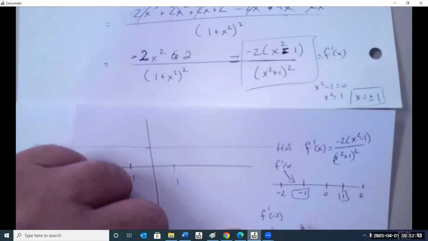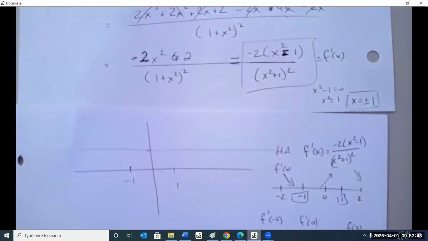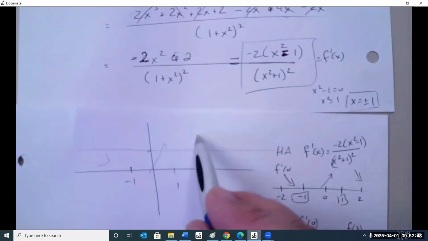At 0, we have -2 times -1 over 1, which makes it 2, so it's increasing. And f of 2 is -2 times 3 over 25, so it should be negative, and it's going to be decreasing. So it's going to be decreasing, increasing, and decreasing.